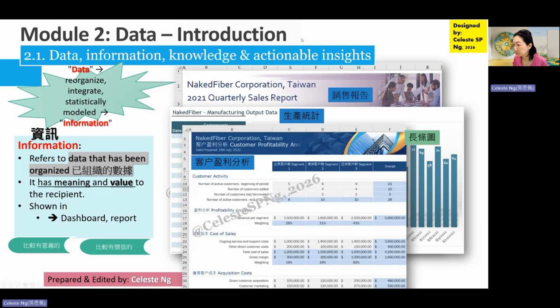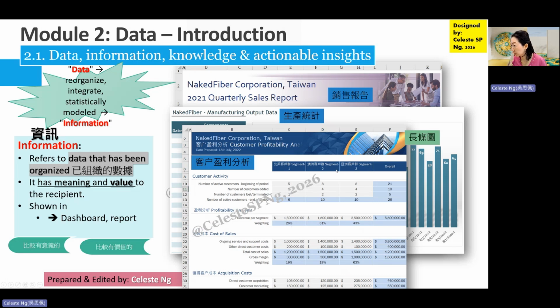And this one is also information, because the data that we have collected, we have done some accumulation. We do some data tallying, and then we get the total of it. And then actually we can count the percent of which segment of customers contributes to a company's revenue, right?